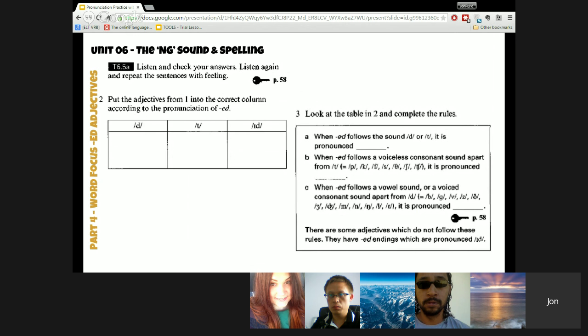If the last letter is voiced, it's going to sound like a D. That's rule C. When ED follows a vowel sound or a voiced consonant apart from the letter D, it's pronounced like a D. So we saw this. R is voiced, so we have bored.